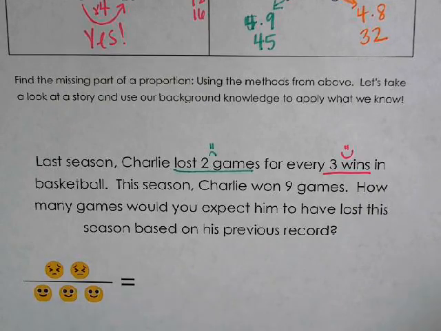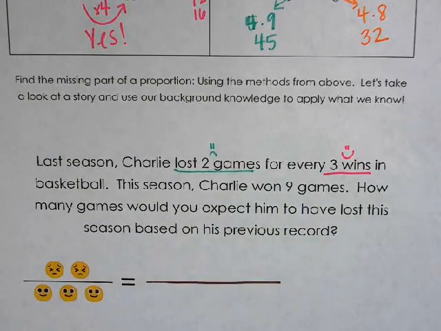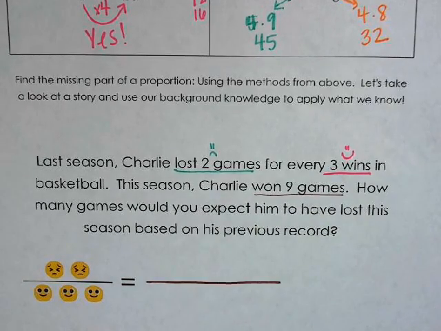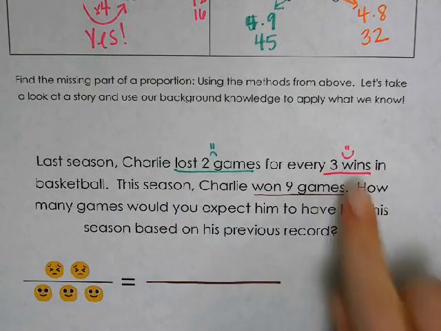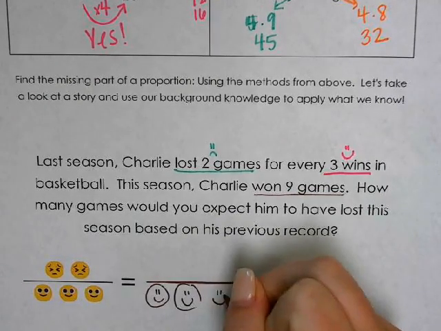So to draw this out, I'm going to have my fraction, and the information I know is that Charlie won 9 games. Since we talked about wins being a smiley face, I would draw 9 smiley faces.